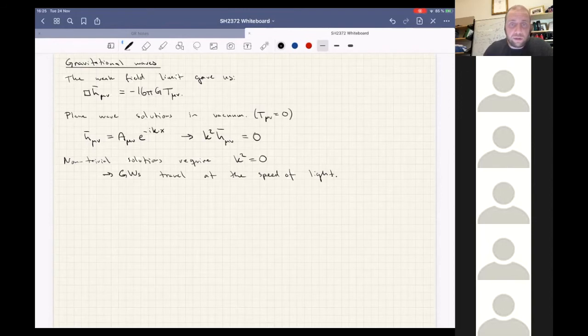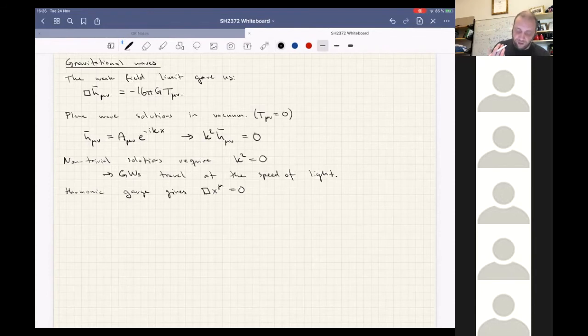So with that, let me also say that we introduced in the previous hour this harmonic gauge condition. The harmonic gauge gives that the coordinate functions satisfy the wave equation, essentially.